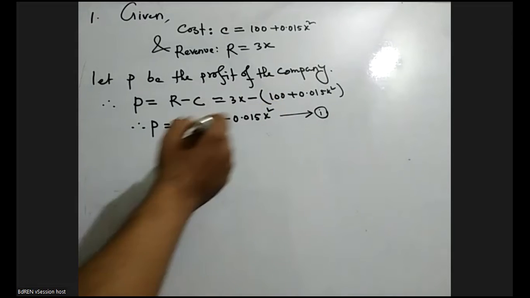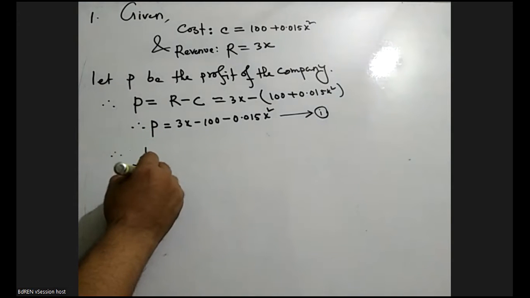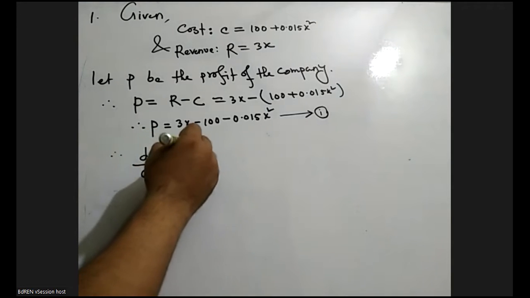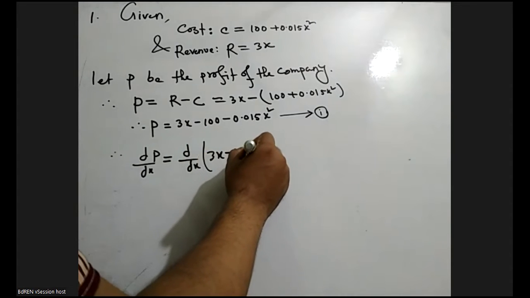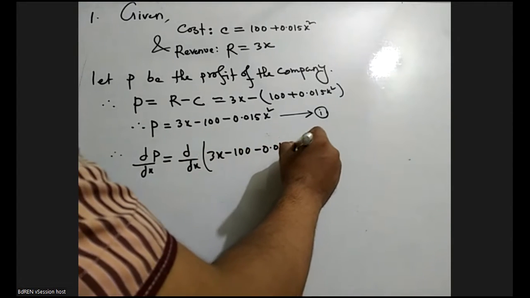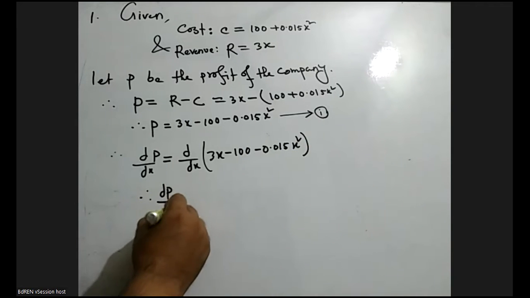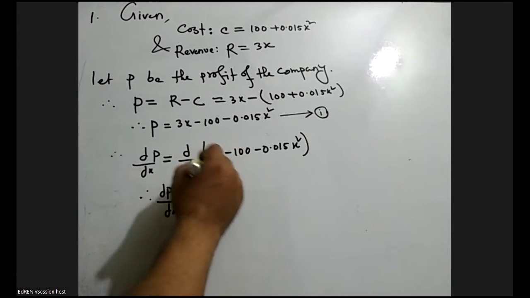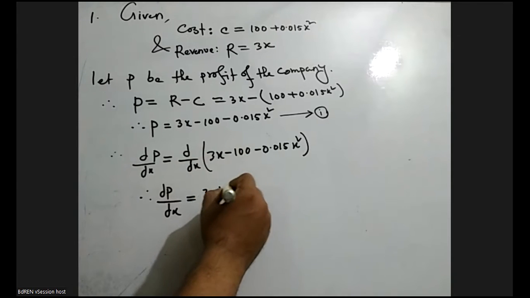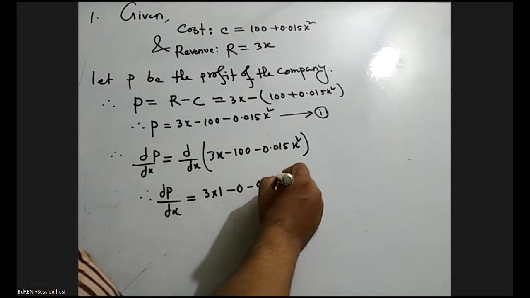Now we have to maximize this profit. So first differentiation, we have to take d/dx on both sides. So taking d/dx on both sides, we get 3x minus 100 minus 0.015 x square. Therefore, dP/dx equals 3 will be constant, x differentiation gives 1, 100 differentiation 0, this is a constant, 0.015 is the constant.